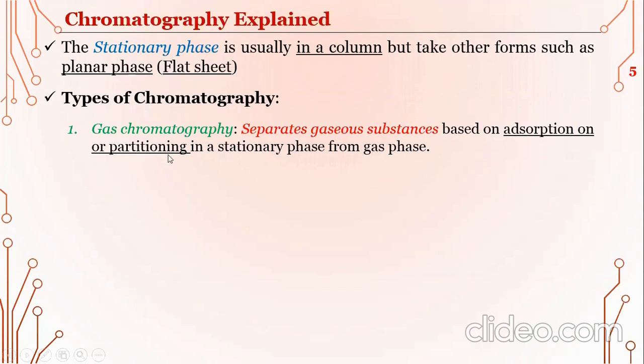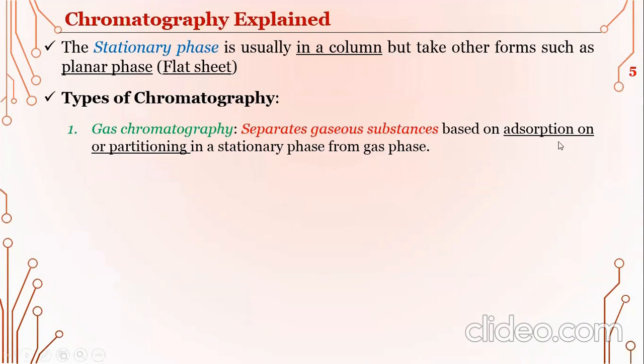The word partitioning is important. In a stationary phase from the gas phase, so we need to have a mixture of gases, and we need to separate out one of the components, like the volatile substances.